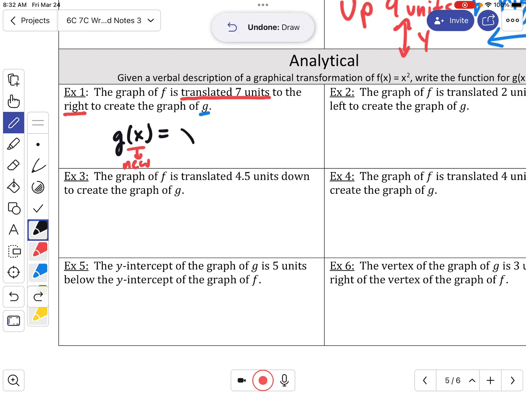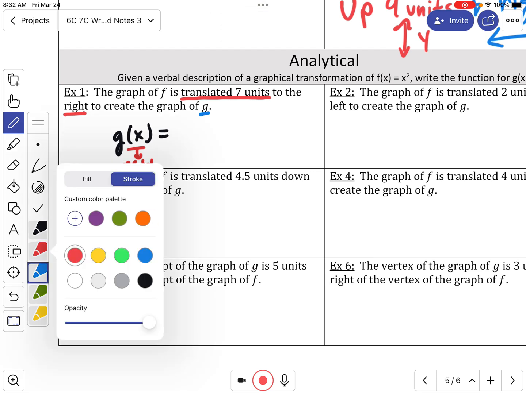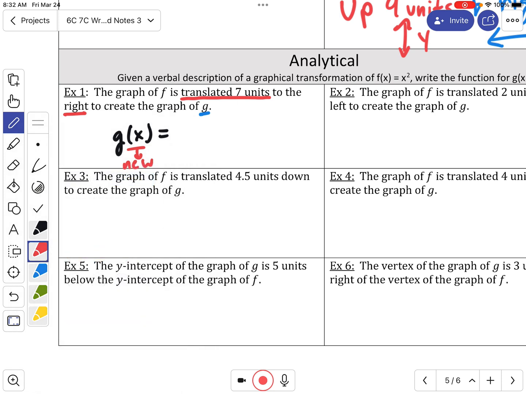So the way we know which way we're writing that is by first reading, are we moving to the right or left or up and down? Well, we're moving to the right, right? They want us to move to the right. So if we're making a change from right or left, we know we have to stay inside the parentheses. So our layout's going to look like that.